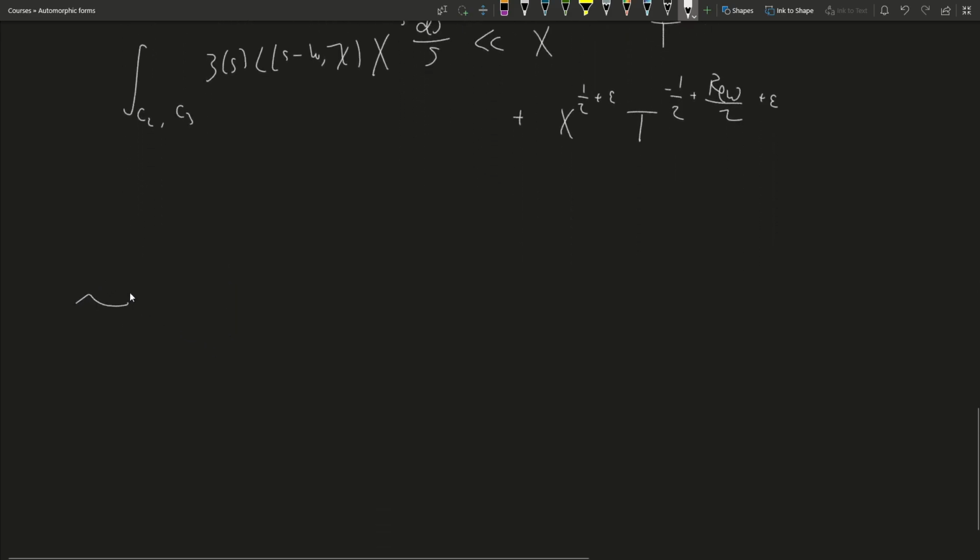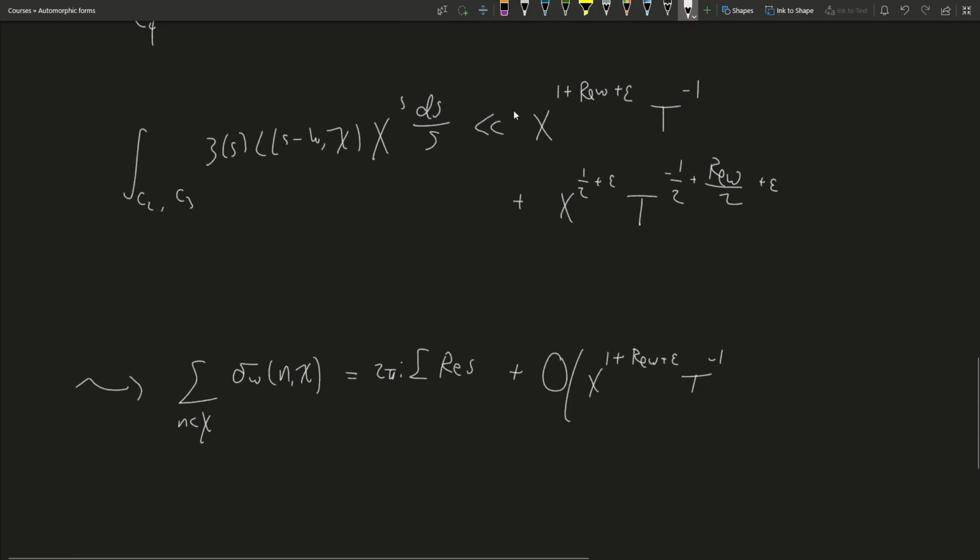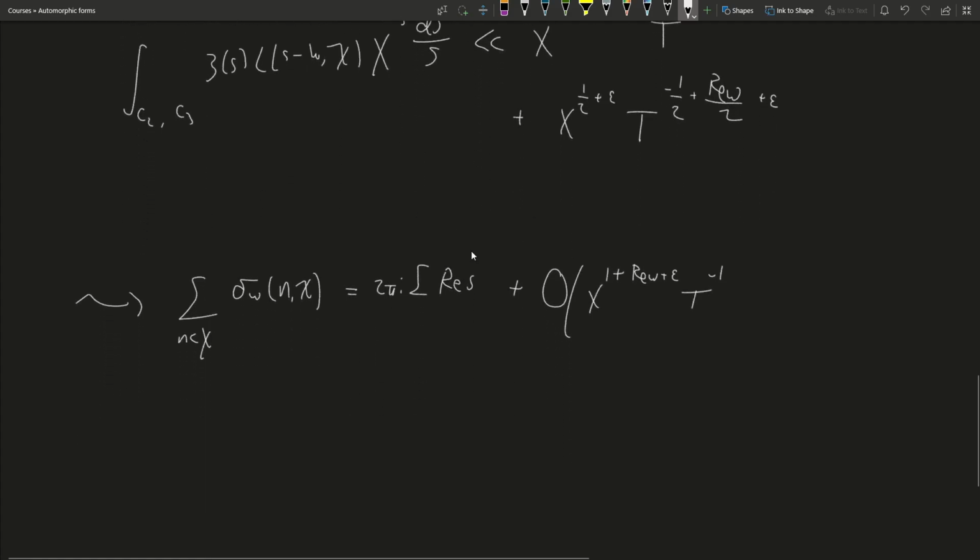So what we end up getting is that the sum n less than x of the thing that we're interested in, sigma sub w n chi, is equal to 2 pi I times the sum of residues, which we haven't talked about yet. And then what is the error term we're going to get? We're going to get this x to the 1 plus the real part of w plus epsilon t to the minus 1 from Perron's formula and from this term in the horizontal segments.